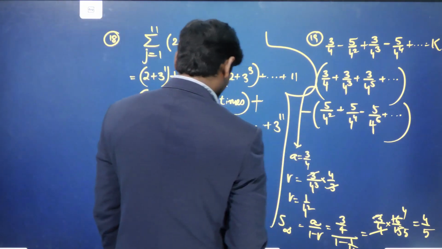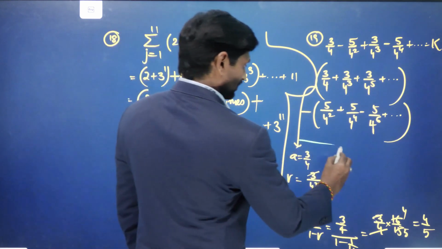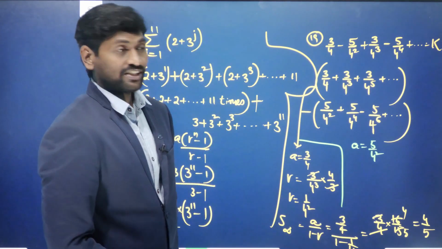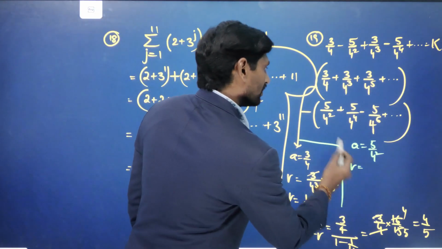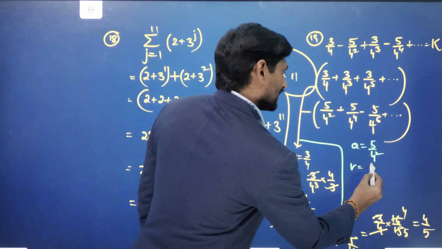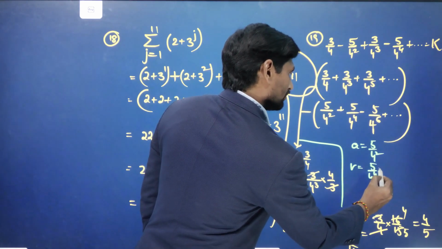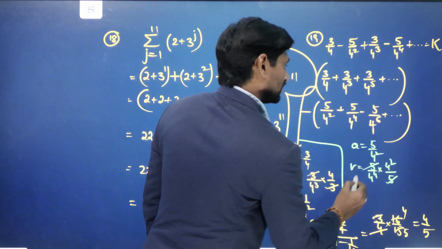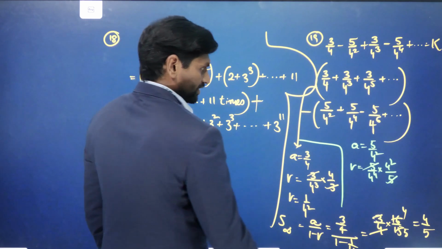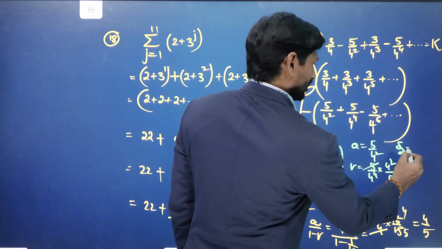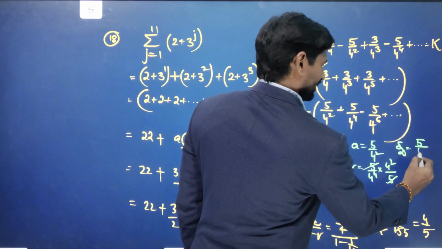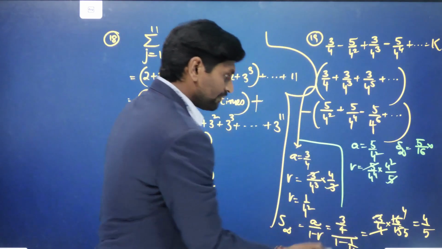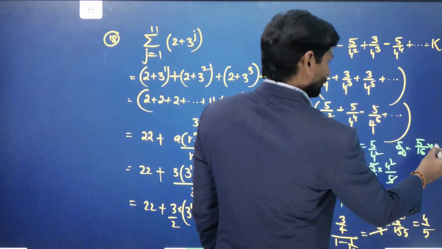Now try to find the second one's answer. Here the first term A value is 5/4 square. Then the common ratio R is the second term by first term, so this is also 1/16 only. In the same way, S infinity formula A by 1 minus R gives 15/16, and when you transpose to the numerator, 16/15.